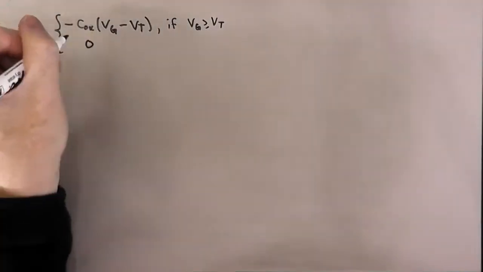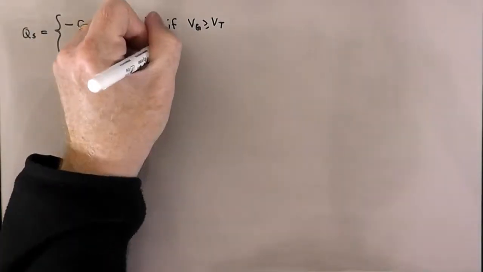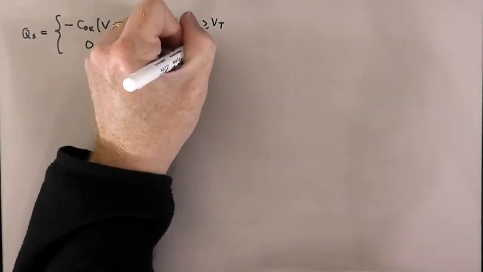It's going to be 0 if Vg is less than Vt.